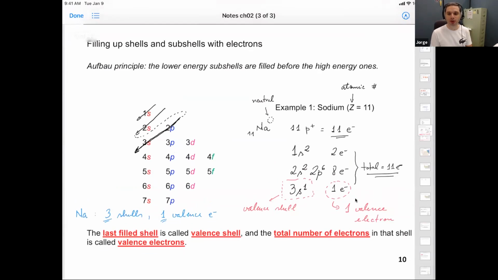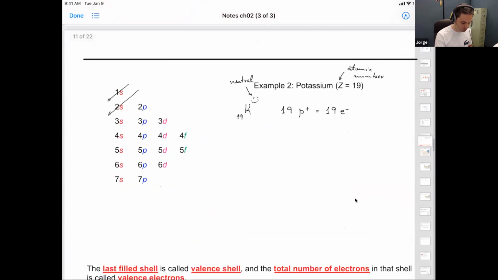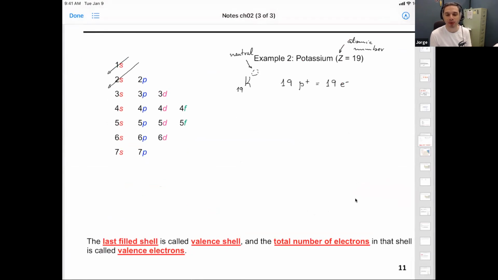Okay, so we did sodium together, and we concluded that sodium has 3 shells and 1 valence electron. Okay, and we started setting up for potassium. So far we know that potassium has 19 electrons. The next step is to figure out how these electrons are organized in the shells and subshells.